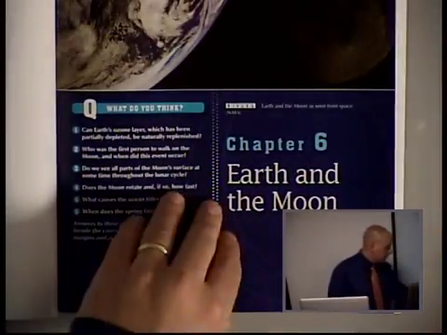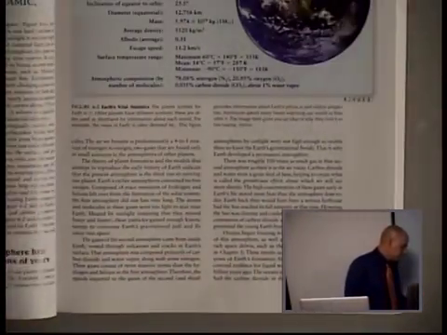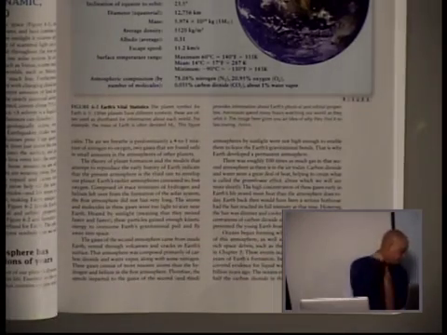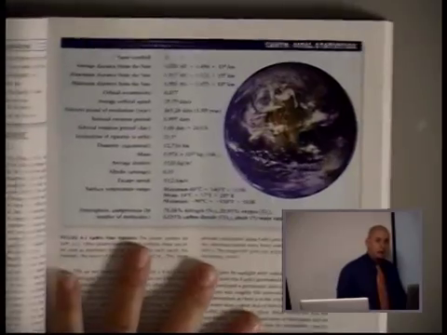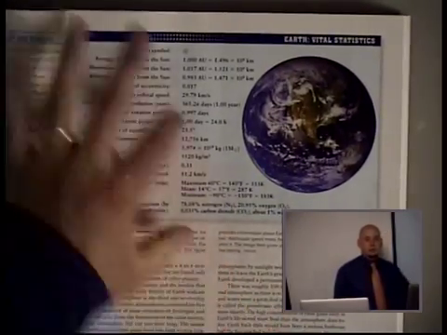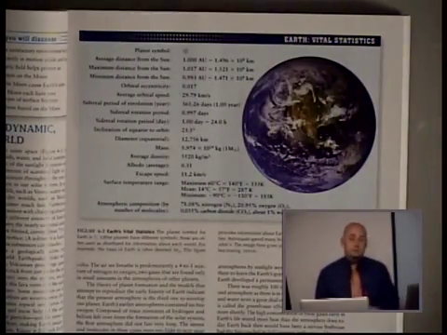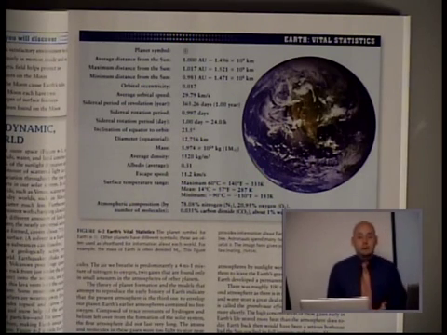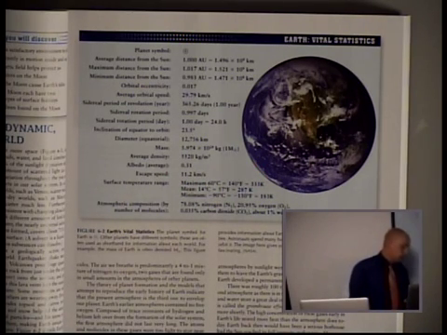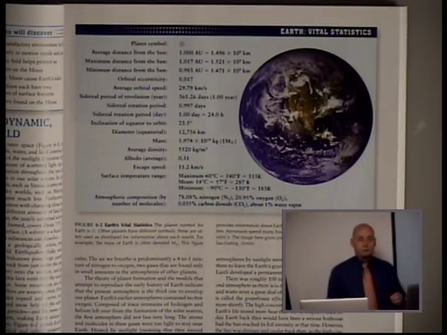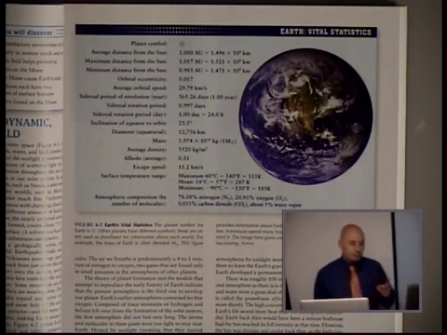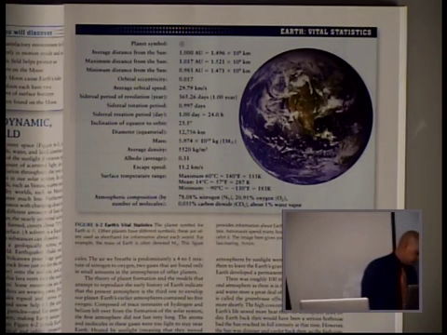And the first part of this, the thing that I really want to give to you to look at, on page 161, you're going to see a graphic like this for all of the planets that we're going to be looking at in the next couple chapters, that give you the vital statistics, a snapshot of the information about all the objects we're going to be looking at orbiting the sun.